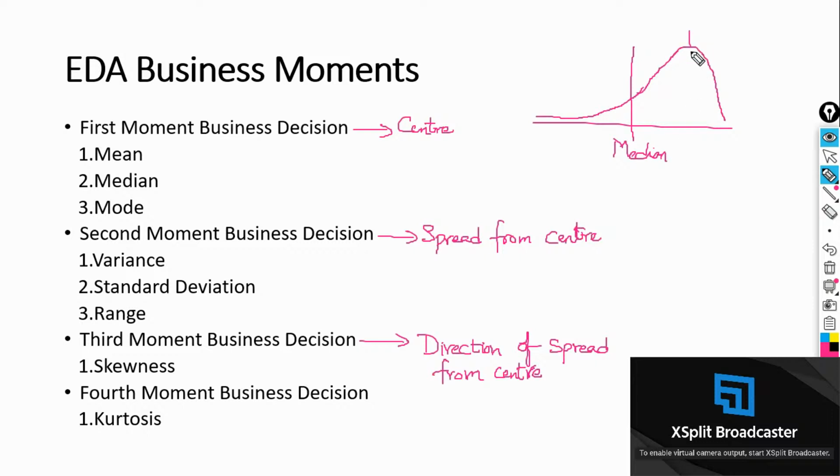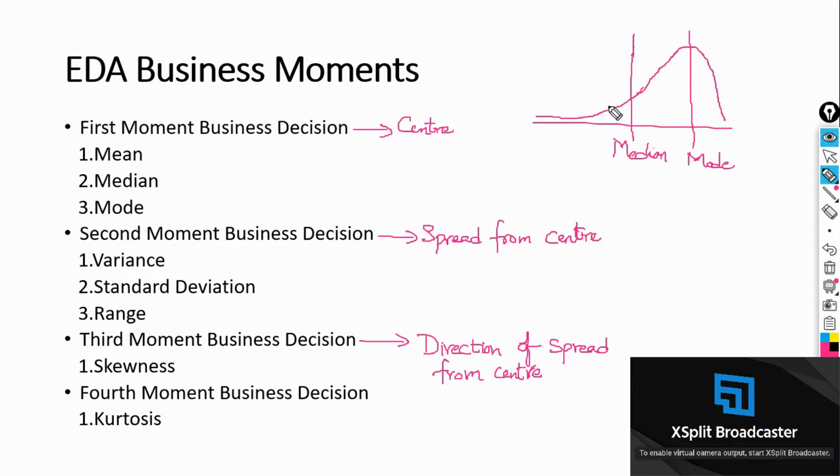And this peak is representing the mode. Why does the peak represent the mode? Because mode is nothing but the most repeated value, right? So obviously the most repeated value should contain a peak, because the frequency is more for that particular value. The y axis is representing frequency, right?